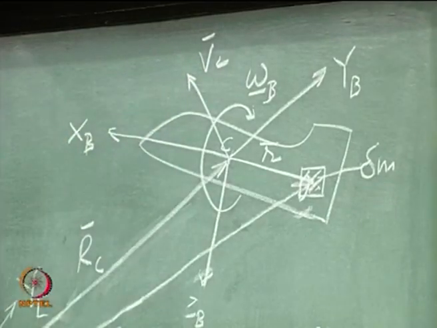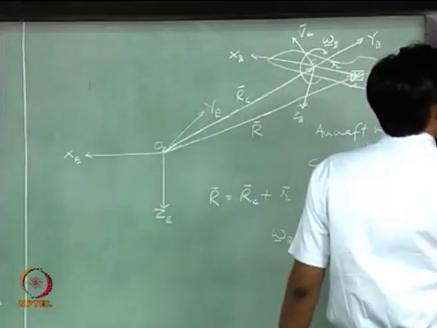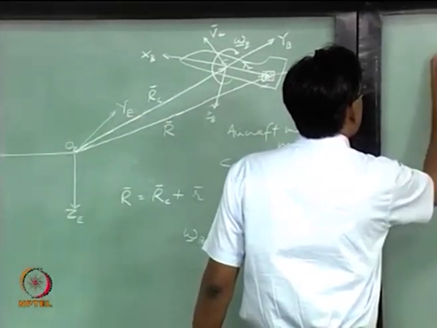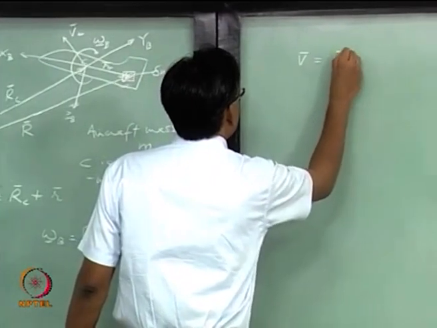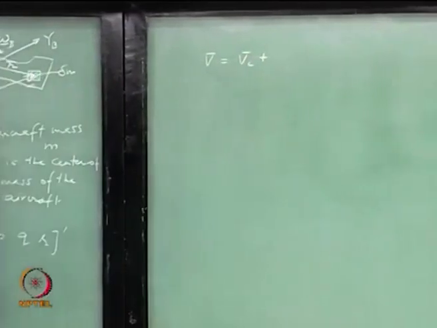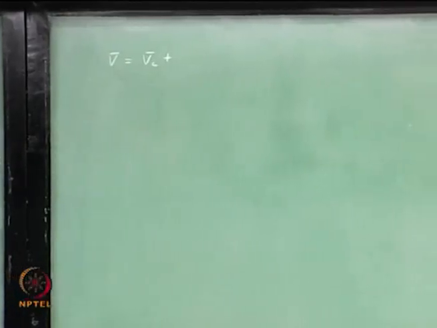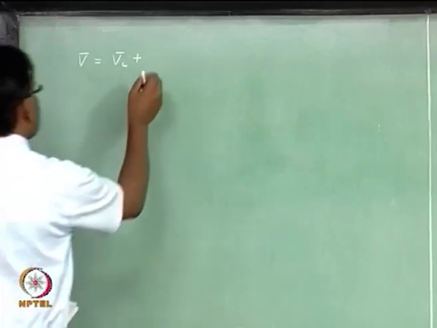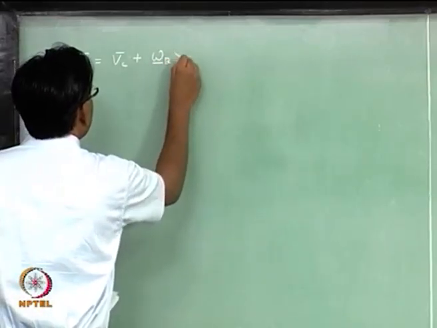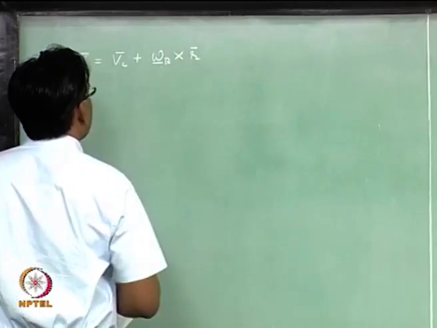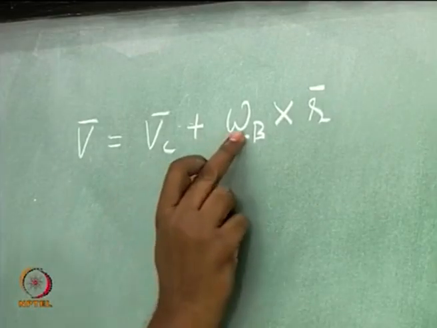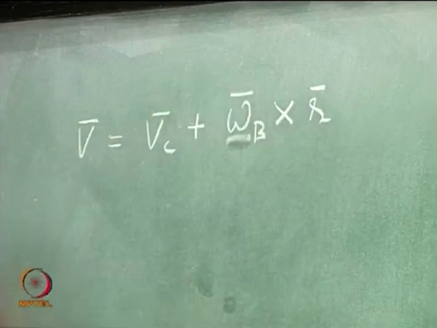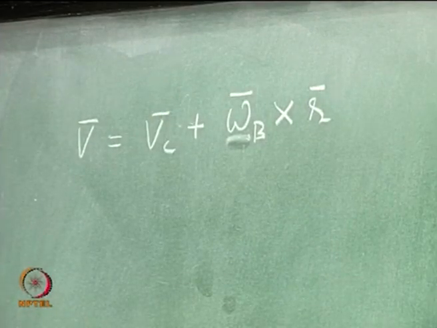So, we can write the velocity of this elemental mass as V_C plus omega cross r, right, omega cross r, very good. Let me put this bar also on top.